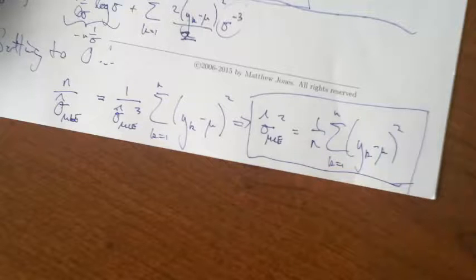Not 1 over n minus 1. Remember, the sample variance is taken to be 1 over n minus 1 times the sum because it's unbiased. The maximum likelihood estimator for the variance when you're dealing with a normal is 1 over n times the sum of squared deviations. Okay, that's important.